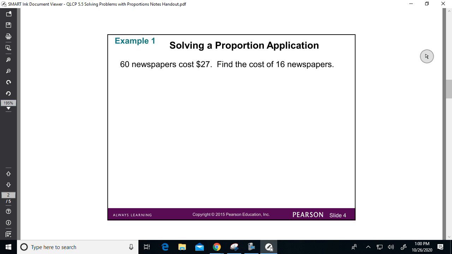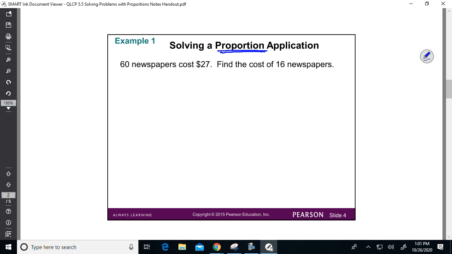Not that it's really all that hard, and after you see how it's solved, you'll probably kick yourself for not doing it. So, 60 newspapers cost $27. Find the cost of 16 newspapers. So, we are solving a proportion.